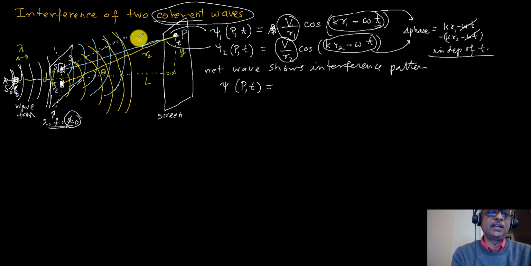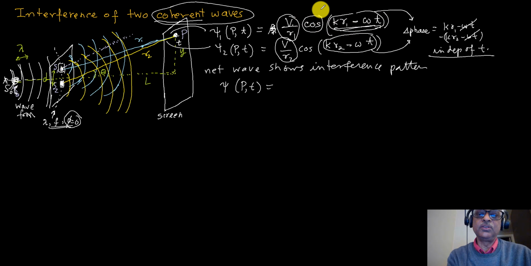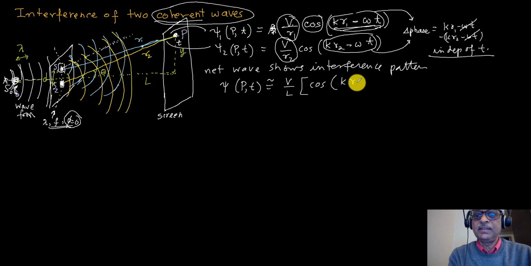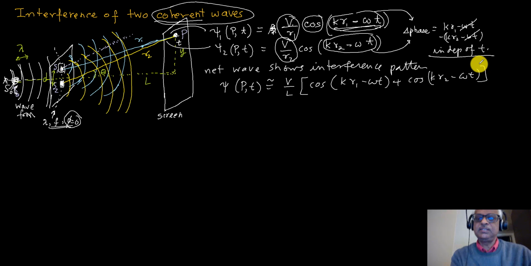Actually r1, r2 and L are all very close together, so they're not in the range where a nonlinear function like cosine can act, and we can replace both of these by v over L. Then we have cosine of k r1 minus omega t plus cosine of k r2 minus omega t.